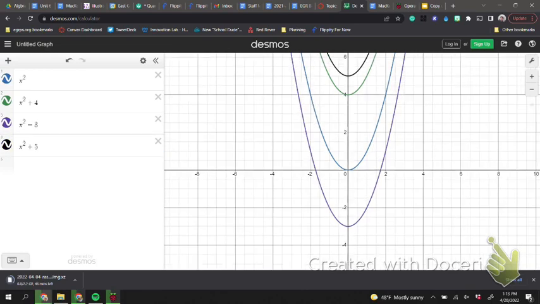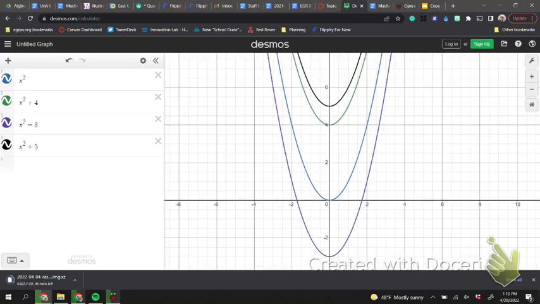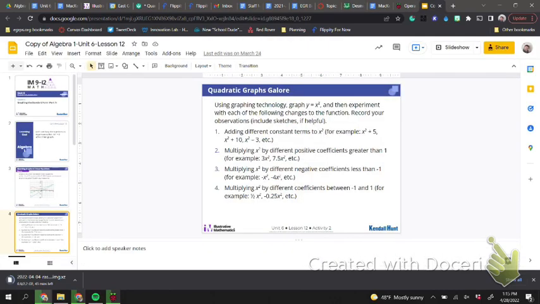What I want you all to do now, number 1 in your notes, is explain how you're seeing the parabola change. Remember this blue one right here? That's the OG. What is changing the constant doing to our parabolas? Let's summarize.